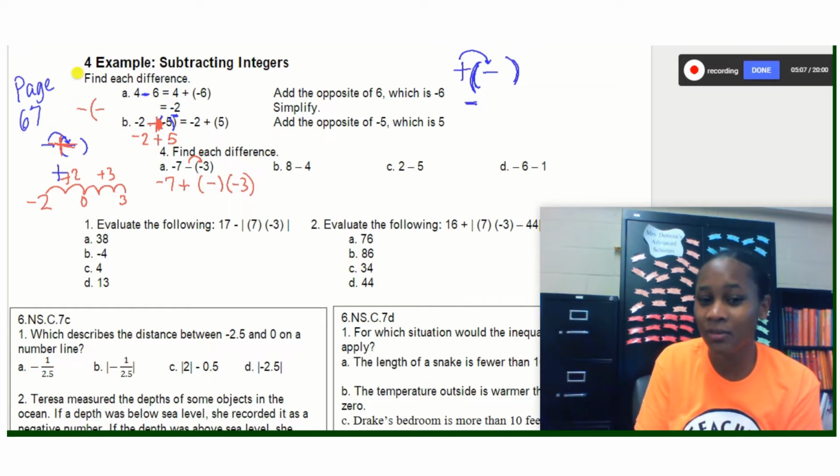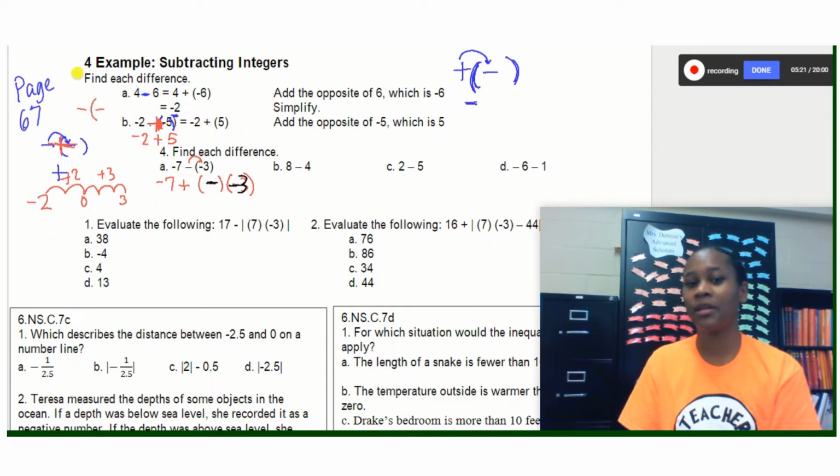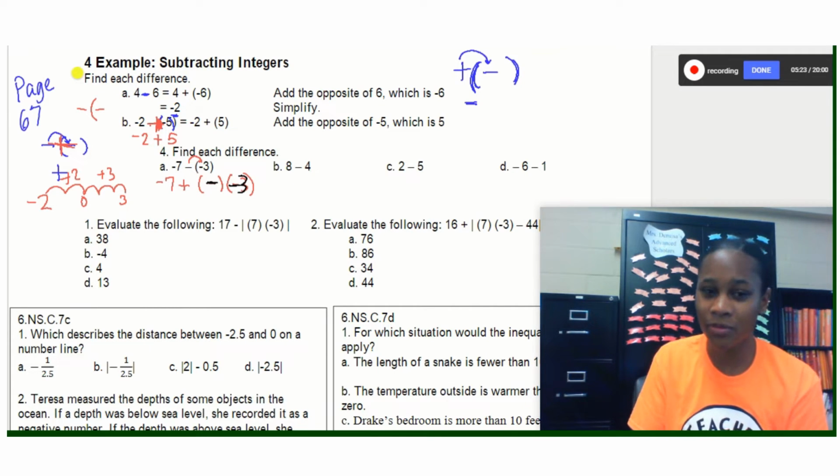So that's really how you can think about this. You always want to have that plus sign. But this is too many signs, so we can just rewrite it as, what is the opposite of negative 3? The opposite of negative 3 is positive 3. So we can rewrite this as negative 7 plus 3.